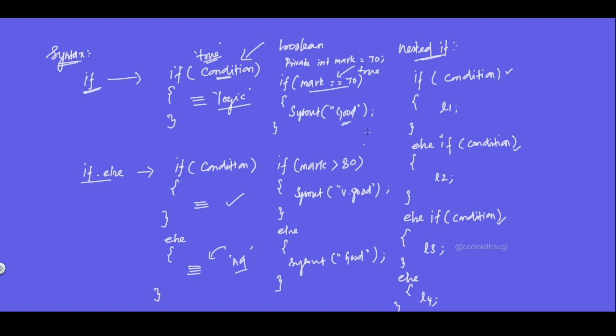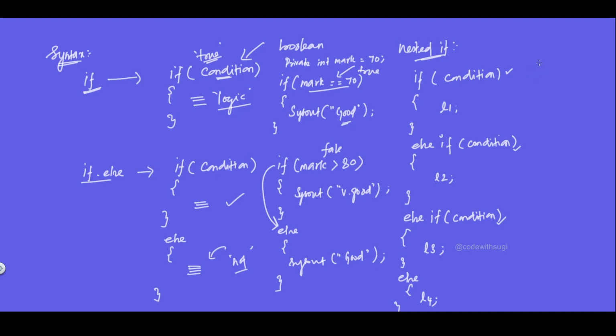No, it's not greater than 80. We have mark as 70, so obviously this condition is false. If it is false, then it will not go here. Since the condition is false, we have an else part, and it will directly give the control to the else part, and whatever you have in the else part will get executed. So this is the simple example for if else.